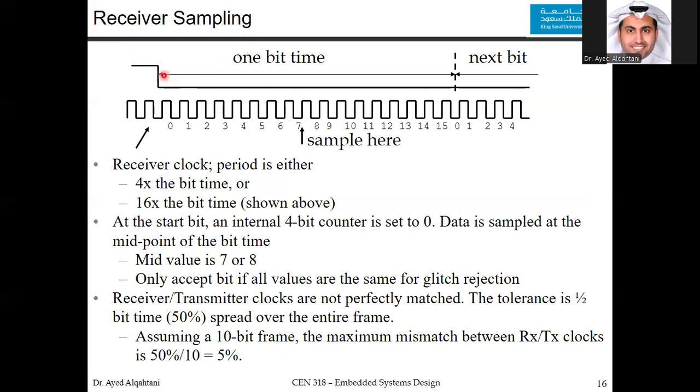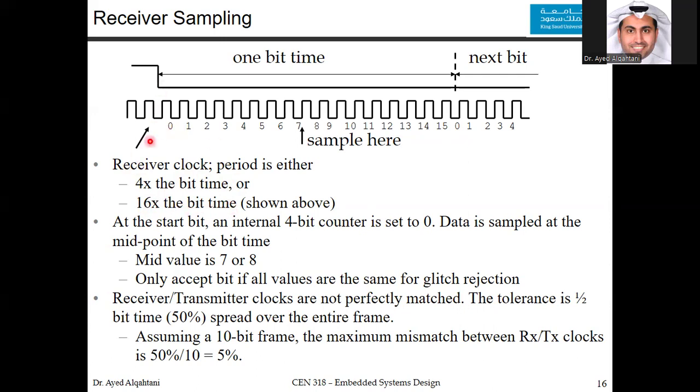So if we take only 1 bit time, that's a single bit of the 8 bits, let's say, of the data, or the stop bit, or the start bit, any bit. If you have 1 bit time, the receiver clock period is either 4 times the bit time or 16 times the bit time.